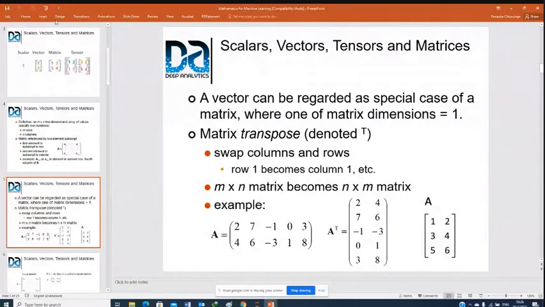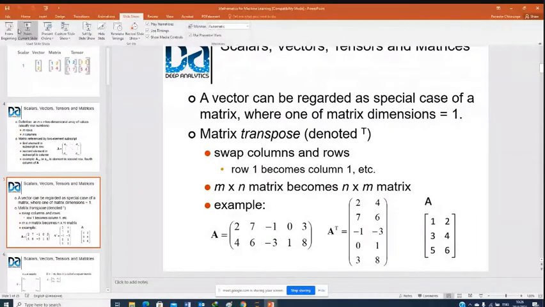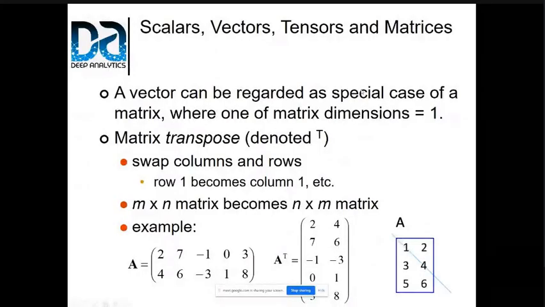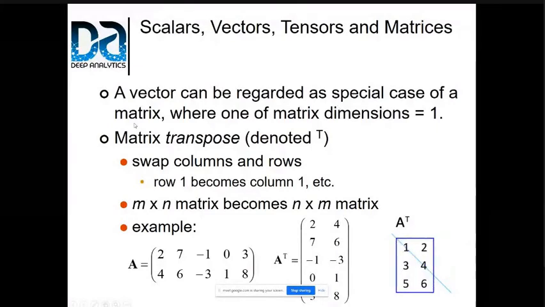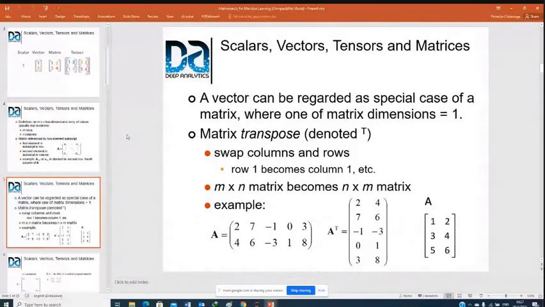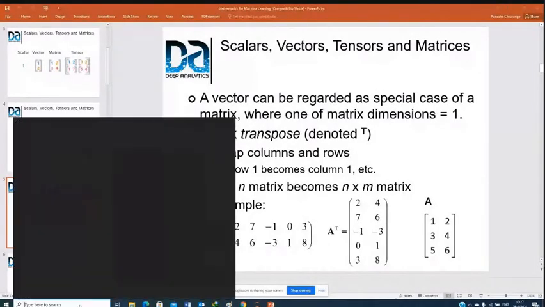Right. So a vector can be regarded as a special case of a matrix where one of the matrix dimensions is equal to 1. Let's look at the whiteboard.